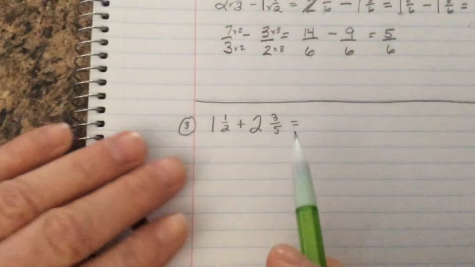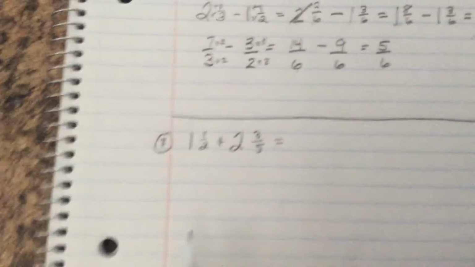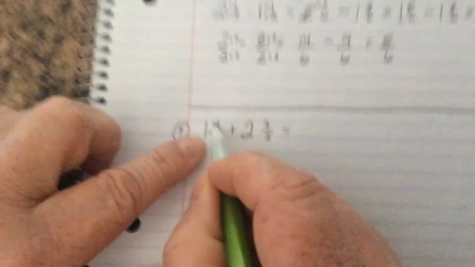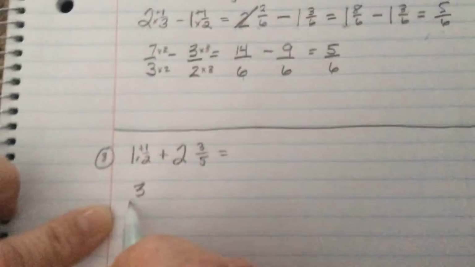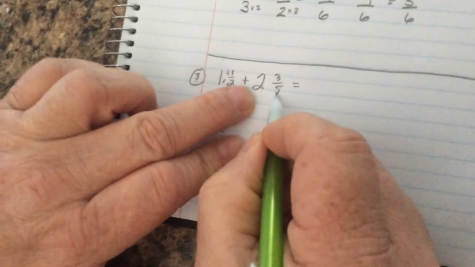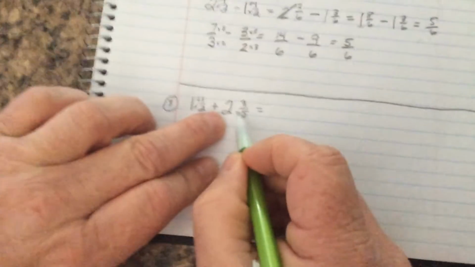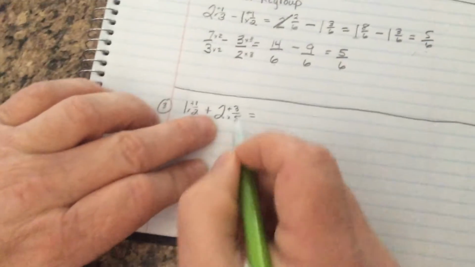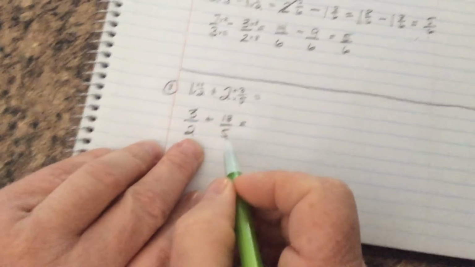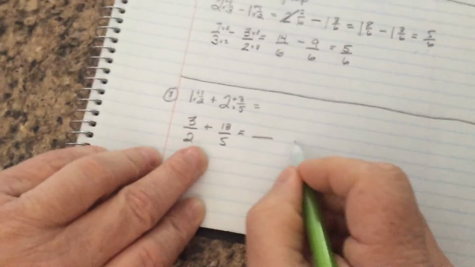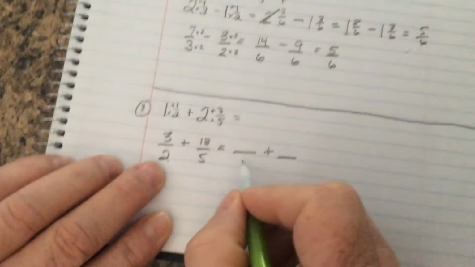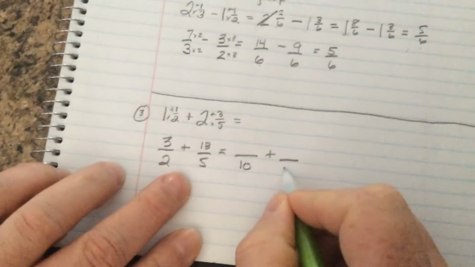Okay, now the last one we're going to do is just adding mixed numbers. Again, you can do it either way. 2 times 1 is 2, plus 1 is 3. So 1 and 1/2 is 3/2, plus 2 and 3/5. 5 times 2 is 10, plus 3 is 13/5. Now we can change to a common denominator. 2 and 5, our least common multiple, is going to be 10.